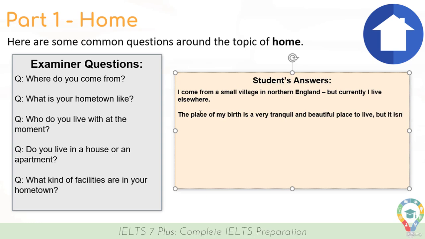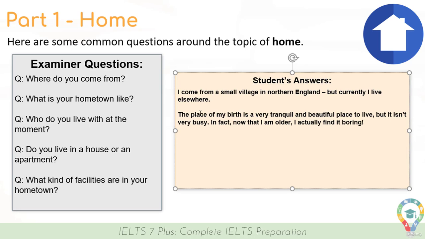It isn't very busy. In fact, now that I am older, I actually find it boring. So we've got an interesting opener there. Okay. So the place of my birth is a very tranquil, calm, peaceful and beautiful place to live, but it isn't very busy. In fact, now that I am older, I actually find it boring.